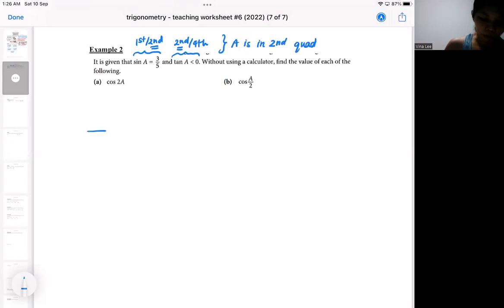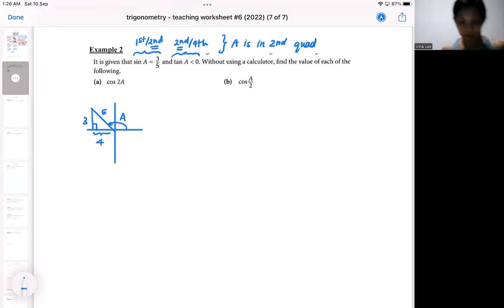So again, you draw first. You draw in the second quadrant. Put in your values. Do your own Pythagoras theorem. Okay, like I mentioned, don't stop here.